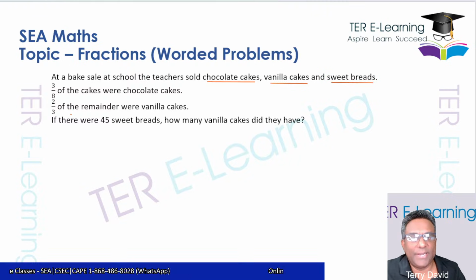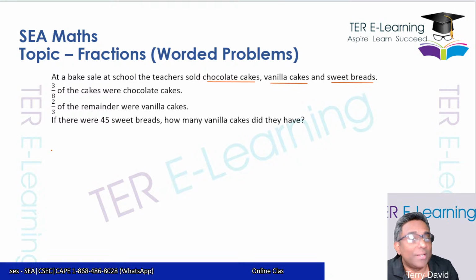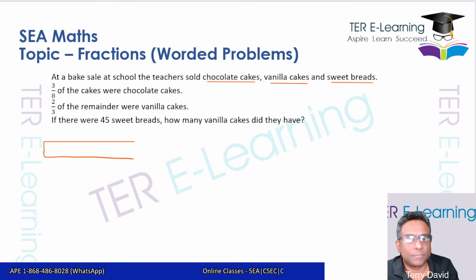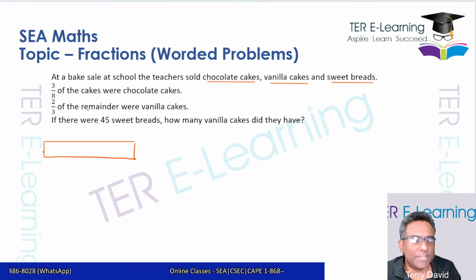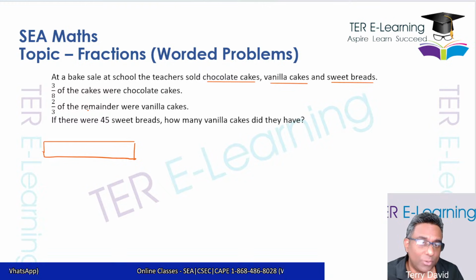Now, 3/8 of the cakes were chocolate. So let's do a little diagram. These diagrams are very helpful to visualize the fractions. So this here represents the whole, all the cakes and the sweetbreads that we sell in here.